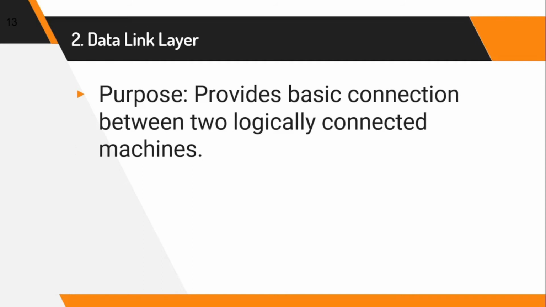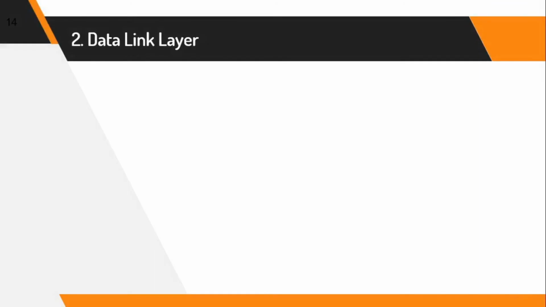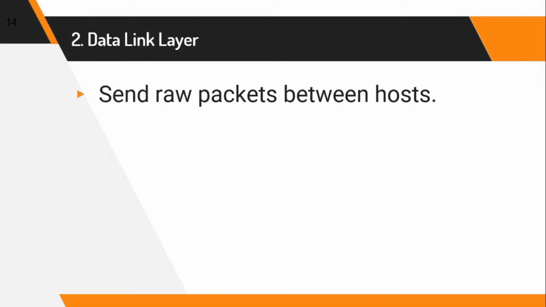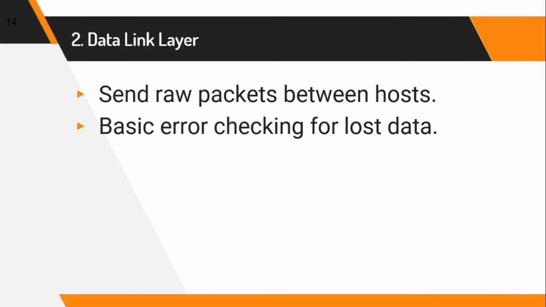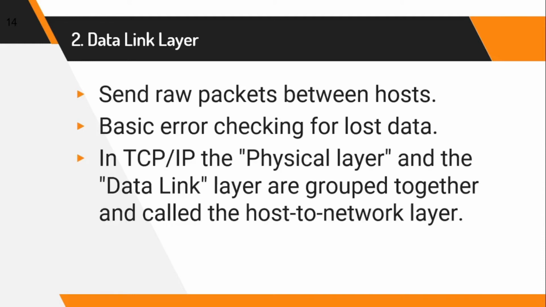The purpose of the data link layer is to provide basic connection between two logically connected machines. It also sends raw packets between hosts, with basic error checking for lost data. In TCP/IP, the physical layer and the data link layer are grouped together and called the host to network layer.